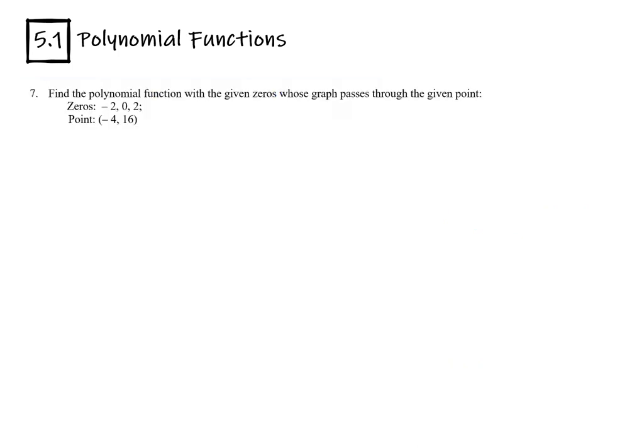To build on what I was just saying, notice that this question does ask us to find the polynomial. That means that we actually have to take the a, our leading coefficient, into account, and make sure that when we're done, this is correct. So when I first set up my polynomial, it's going to be f of x is equal to a times x minus -2, x minus 0, and x minus +2.